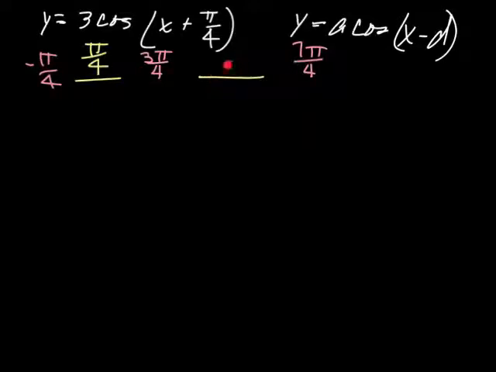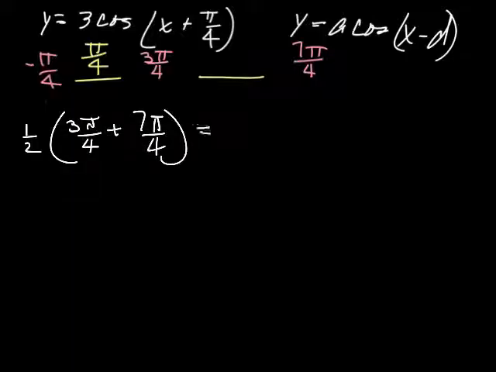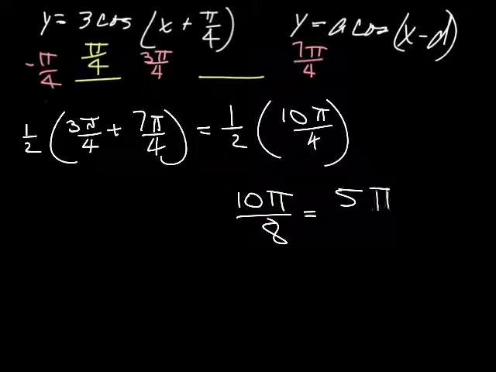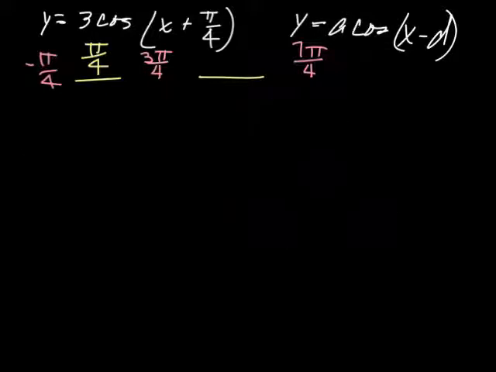Now we're going to find this point by taking halfway between there. So 1/2 of 3 pi over 4 plus 7 pi over 4 equals 1/2 times 10 pi over 4, which is 10 pi over 8, which equals 5 pi over 4. So 5 pi over 4 goes there.